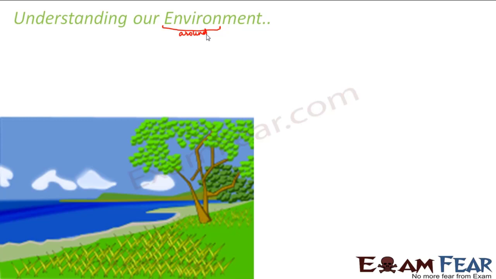Not only the living objects, also the non-living things, for example, water, air, soil. Do you think that we can live if we do not have even one of them? No, right? So all that surrounds us, all that helps us to live is nothing but our environment.